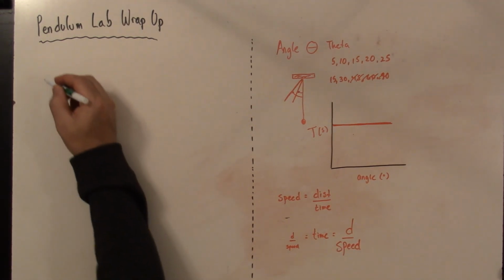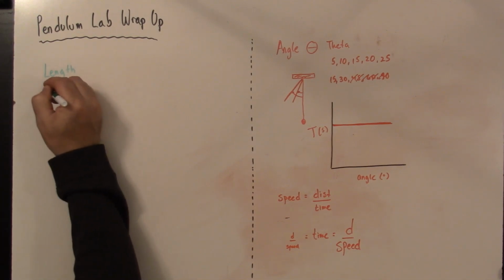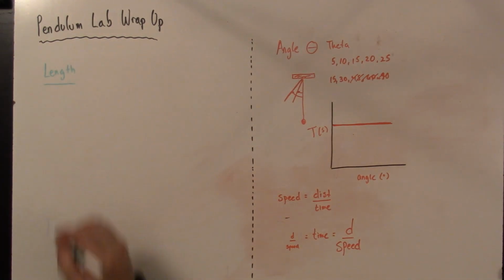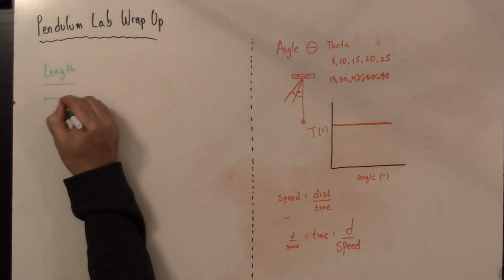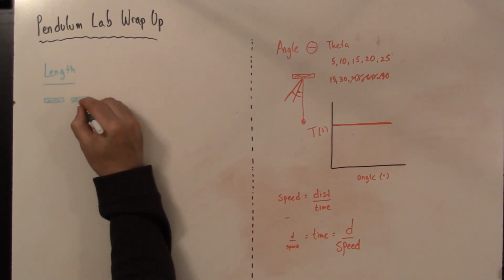In the next one, we were changing the length, and again, we're going to measure the period. So this one I like because, after the first two where nothing really had any effect, all of a sudden we're going to get one, and hopefully it's going to have some sort of effect.